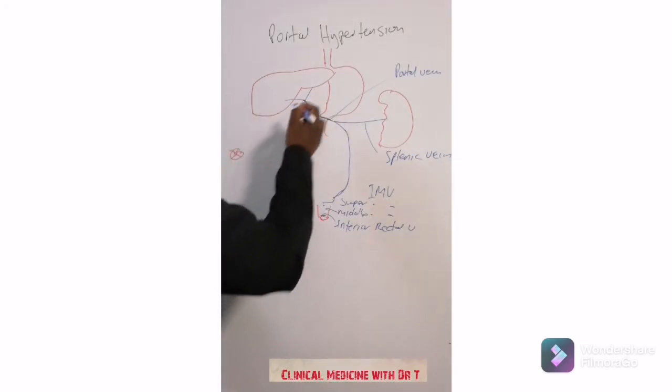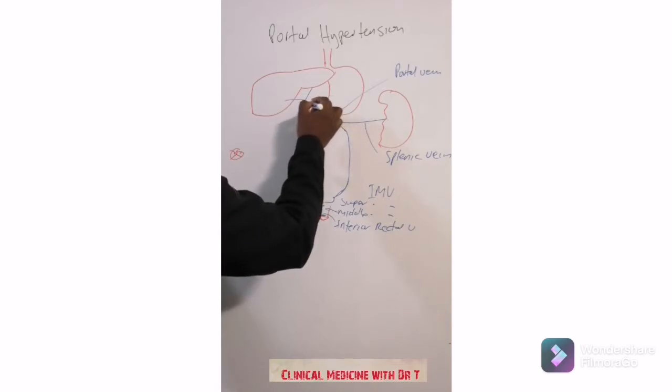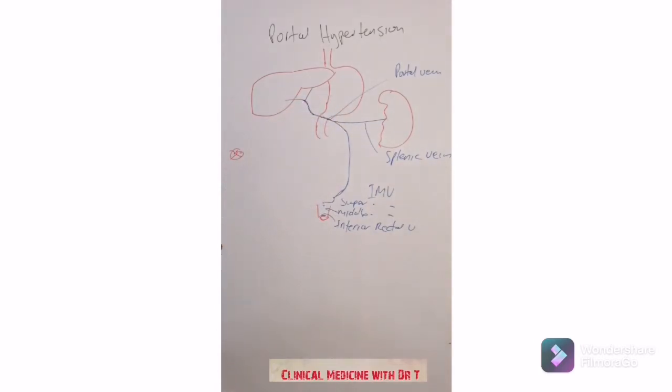Oh, it's not branches actually. When we say something gives off branches, it's normally an artery. With a vein, it drains into.